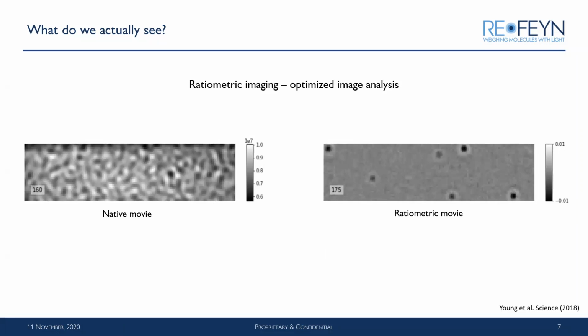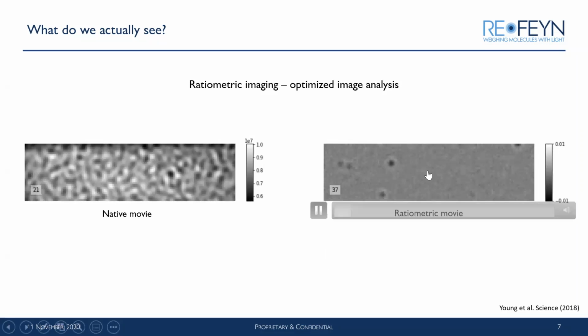And here you can see that actually the movie is really interesting. There are a lot of things happening here. And each one of those dots is a single protein. And we can see it really clearly. These proteins come to the surface, they bind, and then you see the scattering, their signal, and then they disappear.